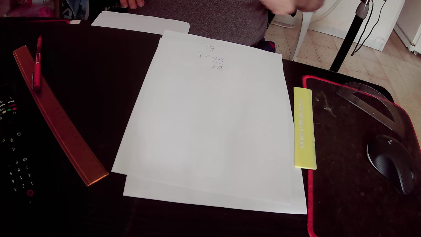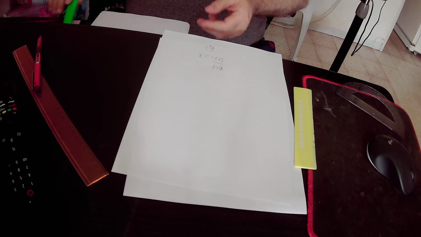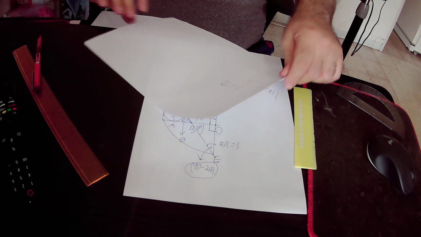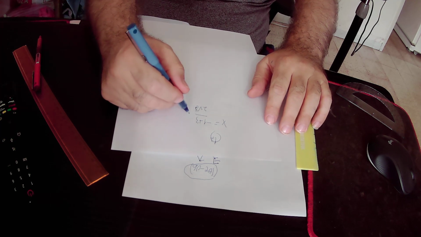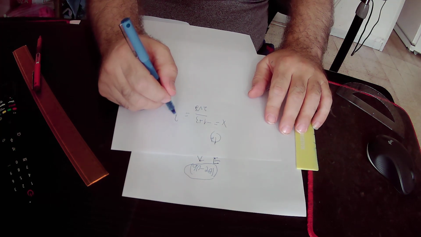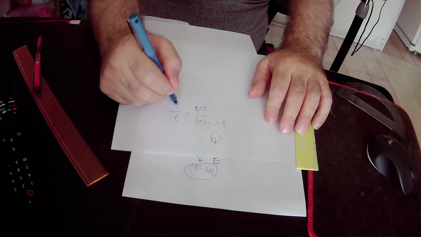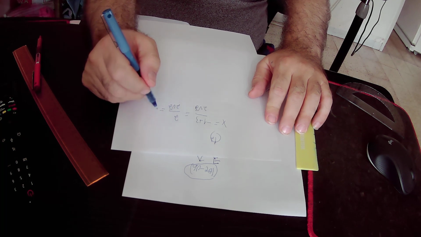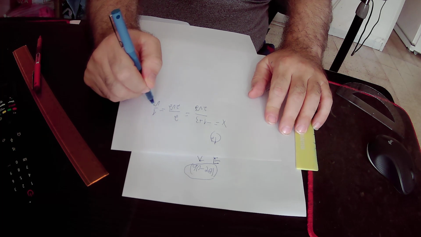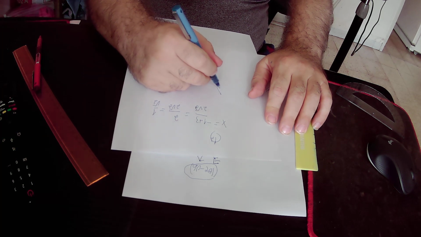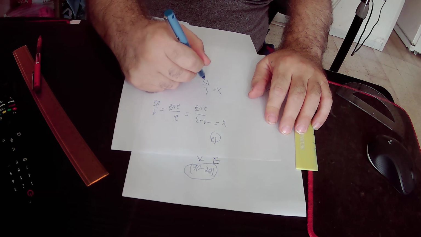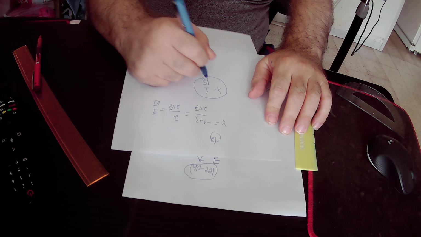x equals minus 1 plus 3 over 2 times root 2. So minus 1 plus 3 is 2. So we get that it equals 2 over 2 times root 2. And 2 over 2 is 1, so it is 1 over root 2. So x equals 1 over root 2.